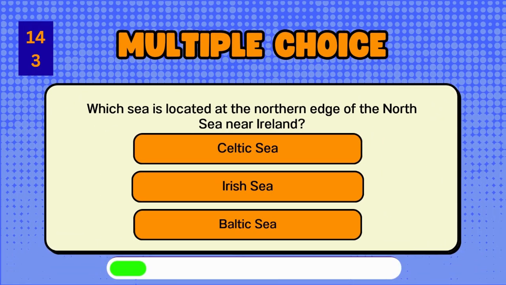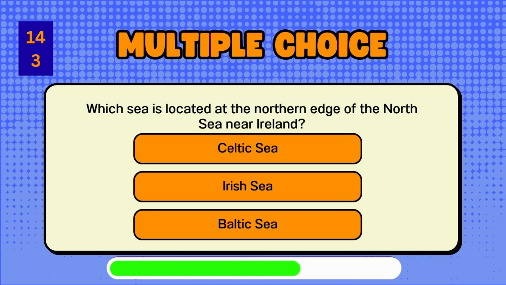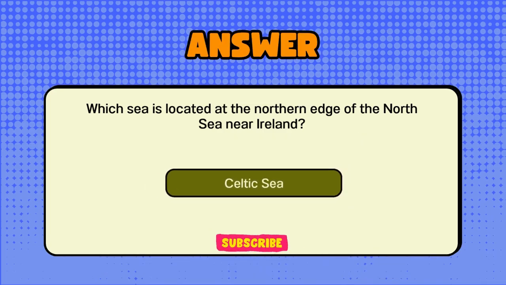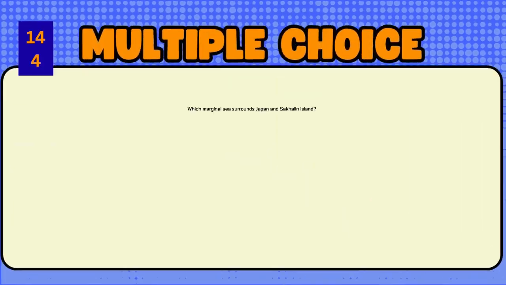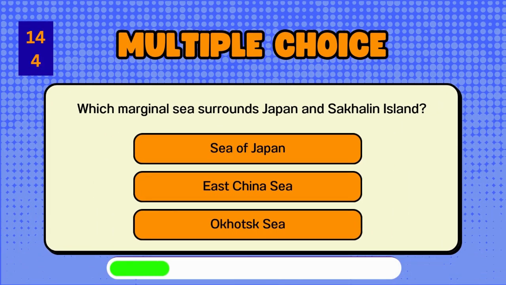Which sea is located at the northern edge of the North Sea near Ireland? Which marginal sea surrounds Japan and Sakhalin Island?